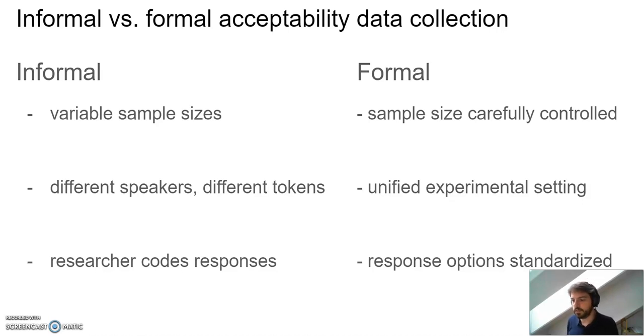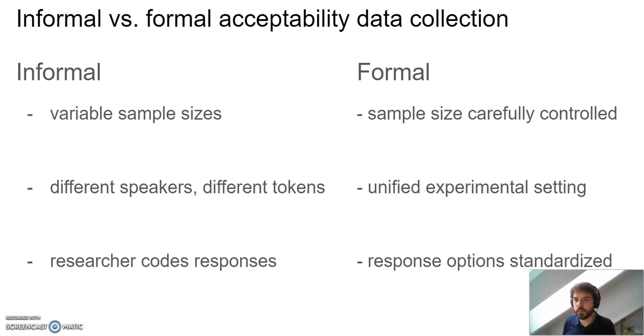I might forget to mention some of the examples that I want, and then I will get basically a different kind of sample, not only a different size but also a different kind of sample from everyone. Whereas in a formal data collection, this is something that you pre-program, so that is unified.